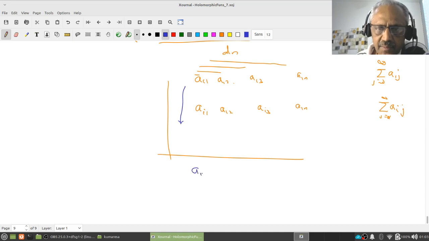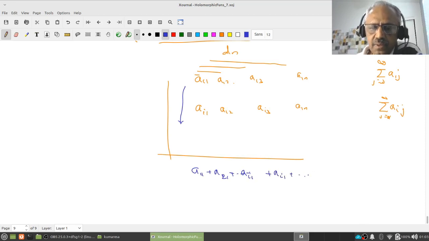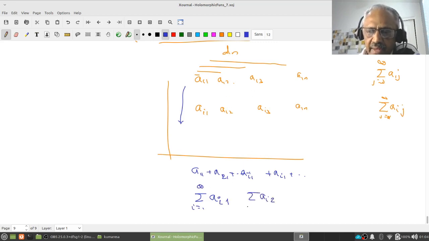Here I can sum a11 plus a21 plus up to ai1 and so on. Therefore what I get is the summation of a_i1, i equal to 1 to infinity. The second one will be the sum of a_i2, i equal to 1 to infinity, and here I will get the sum of a_in, i equal to 1 to infinity.